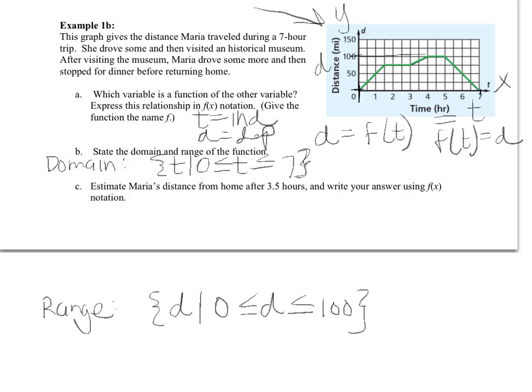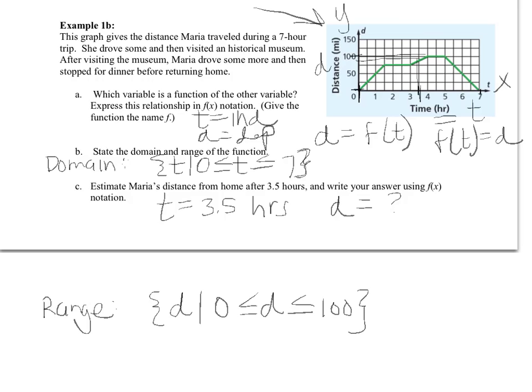Part C, estimate Maria's distance from home after 3.5 hours and write your answer using f of x notation. So when time equals 3.5 hours, what is d going to equal? Time is on the x-axis. At 3.5 hours, we go up the graph and then go across, and it looks like about 85 miles, roughly.